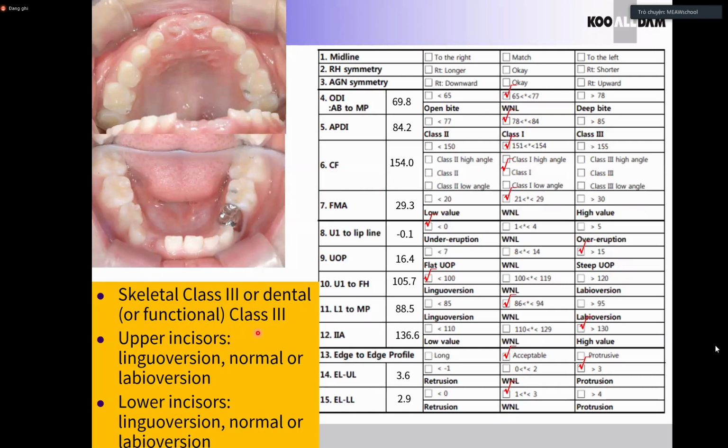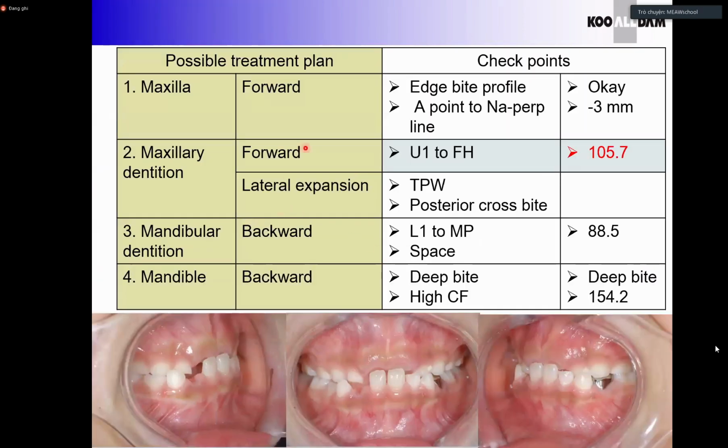So this patient has a dental and functional dentoalveolar class 3 malocclusion. Upper 1 to FH 105. This is a lingual version of the upper incisor. Lower 1 to MP 88. This is normal. So the main problem is upper 1 to FH 105.